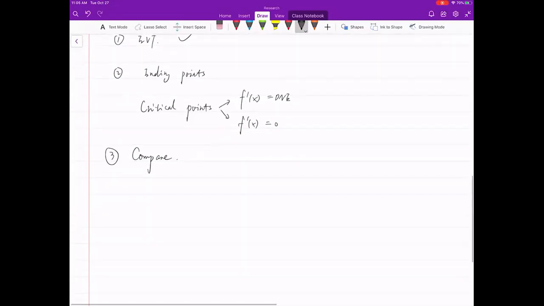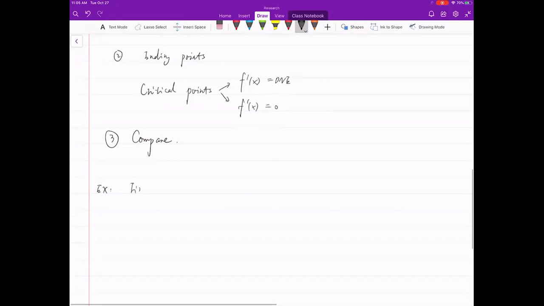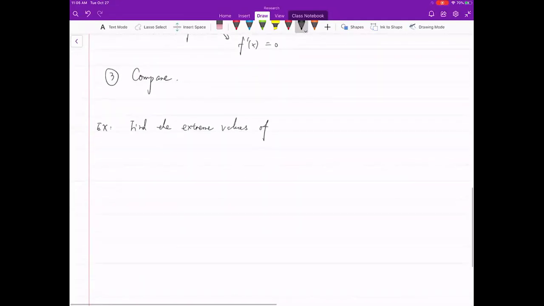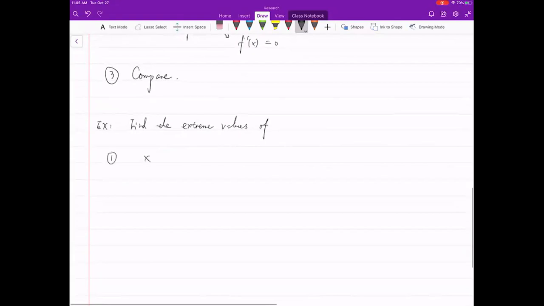Now, all we need to do is just try some examples. So I will assign you 2 examples. You try it by yourself. Number 1, x plus 2 cosine x on the interval negative 2 pi to 2 pi.